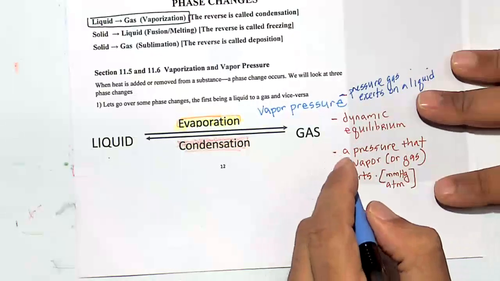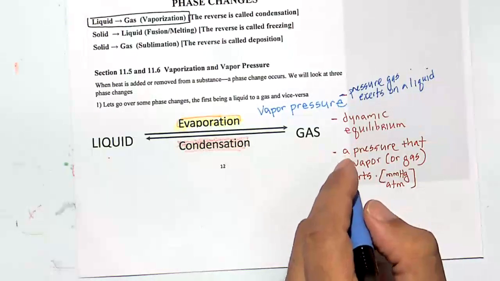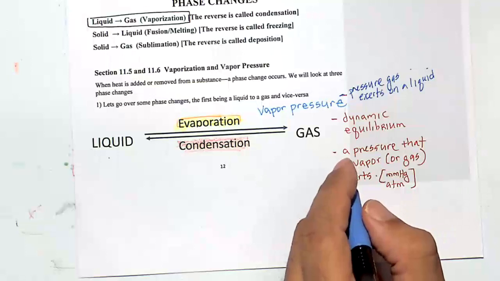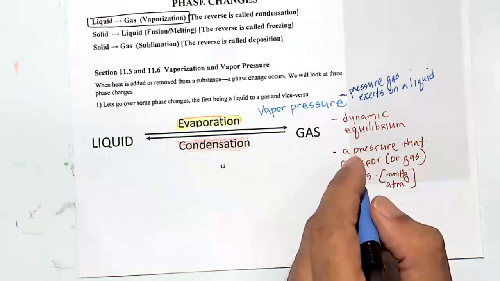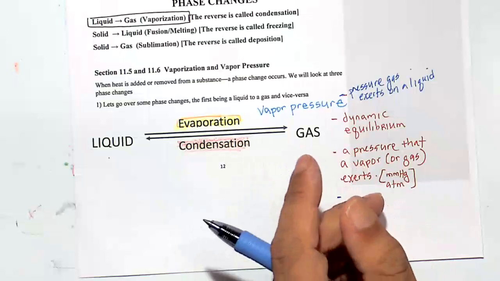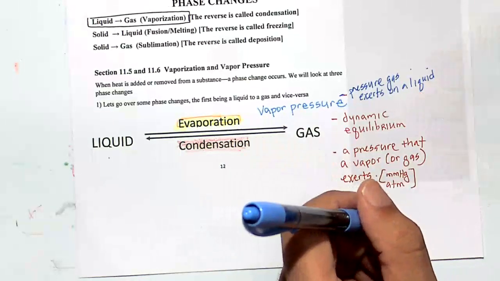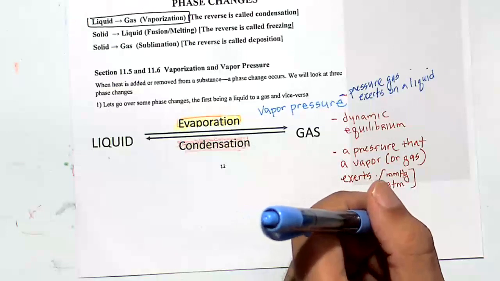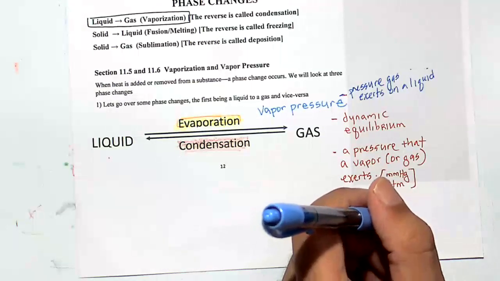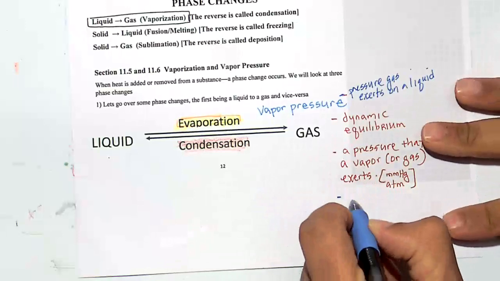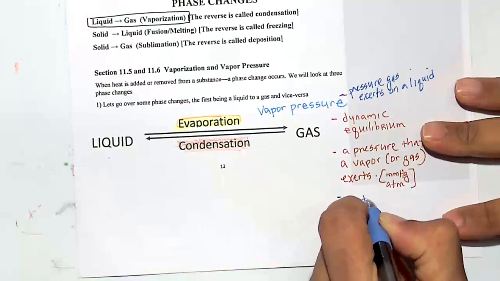I want another thing here. This is going to be a common theme in this course. There are many things I'm going to teach you, but one of the things you'll see over and over again, and vapor pressure is one of them, is that it is quoted at a specific temperature.